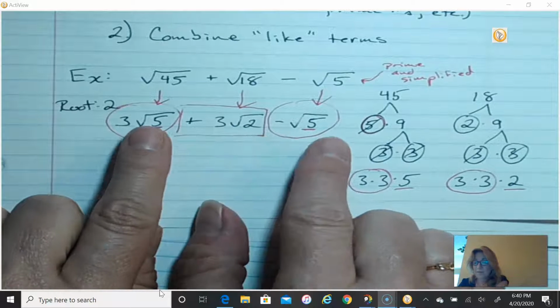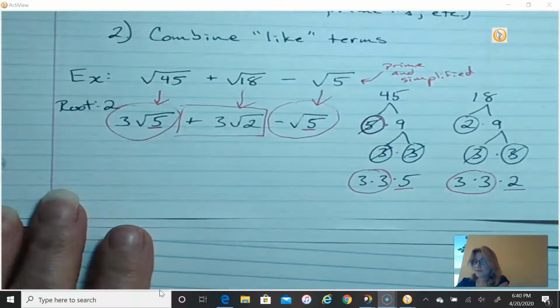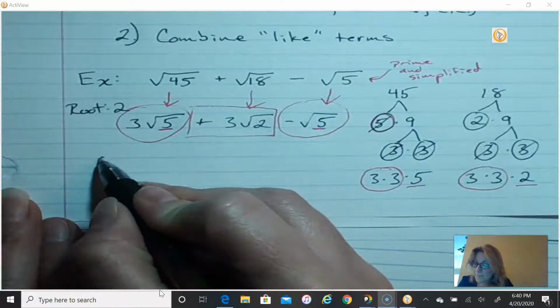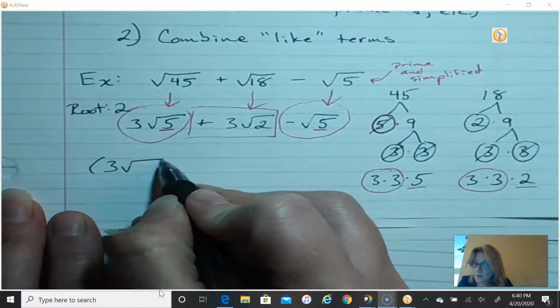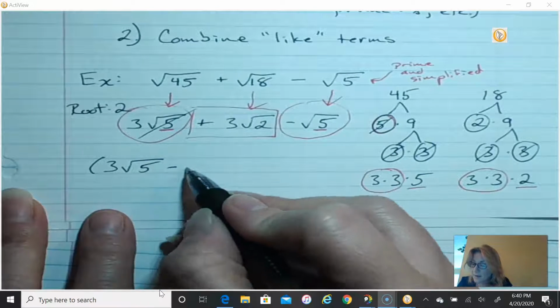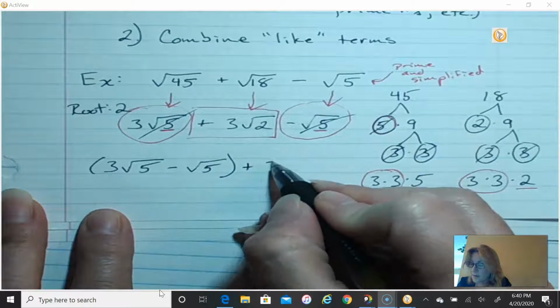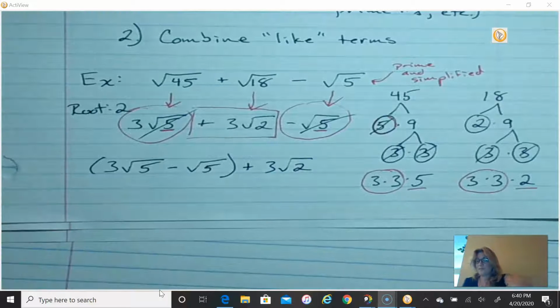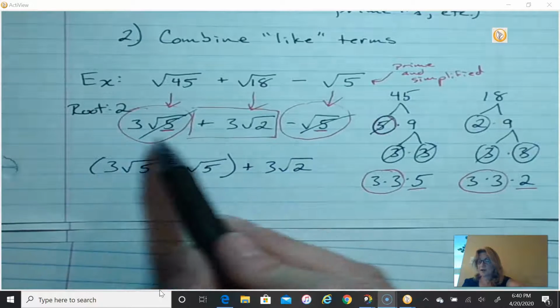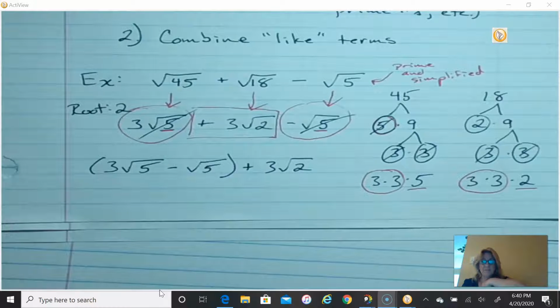Notice that's a 2. These are 5s. So I can combine them. 3 times square root of 5, minus square root of 5, plus 3 times square root of 2. I'm combining my like terms and then just bringing that on down.